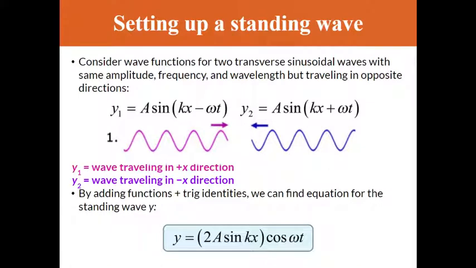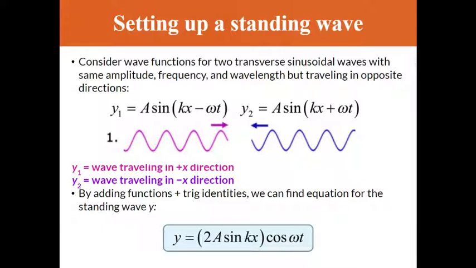For transverse waves, the way you would set up a standing wave is to first have two waves, and to keep things simple, we'll have two transverse sinusoidal waves, same amplitude, same frequency, traveling in opposite directions.